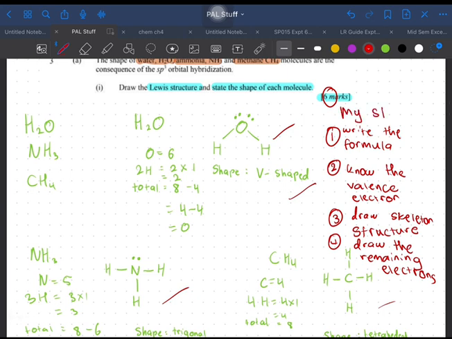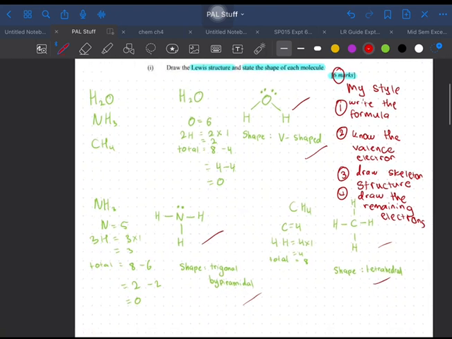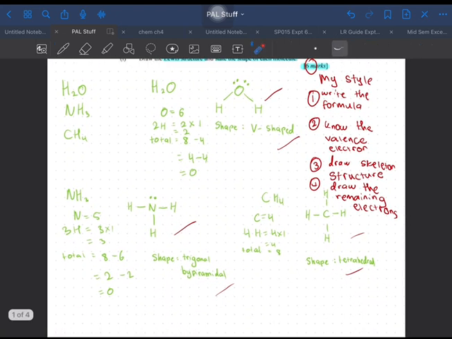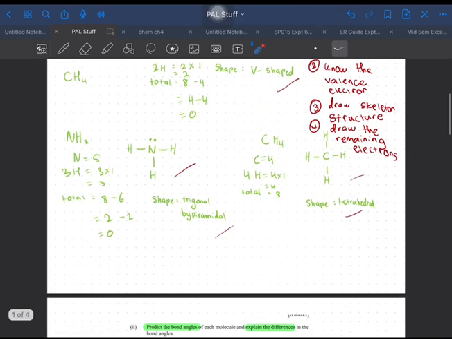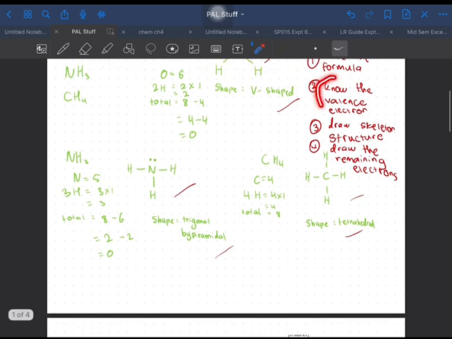My style is, first we write the formula. Since it's given NH3, we don't have to think much about it, so we just write NH3. Next, know the valence electron. If you don't remember which group nitrogen is located in, you can just refer to it online.